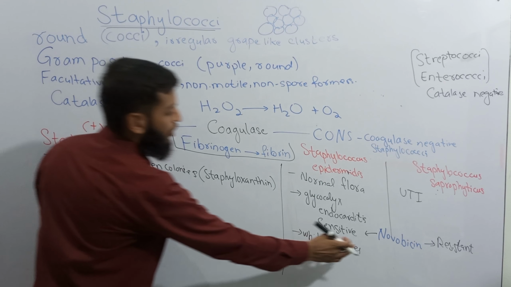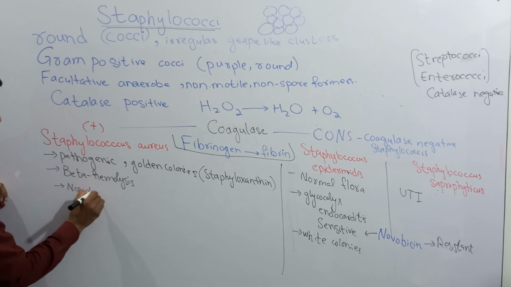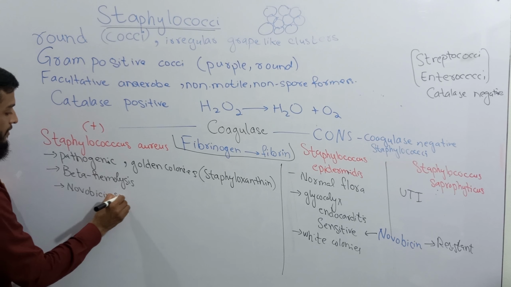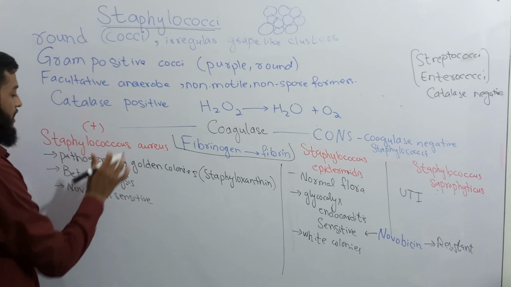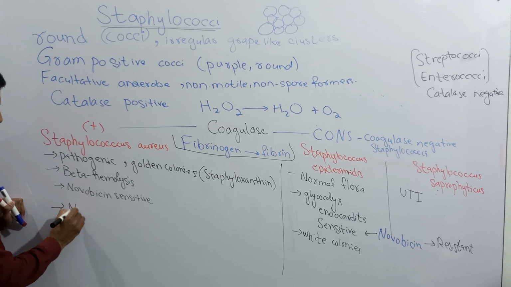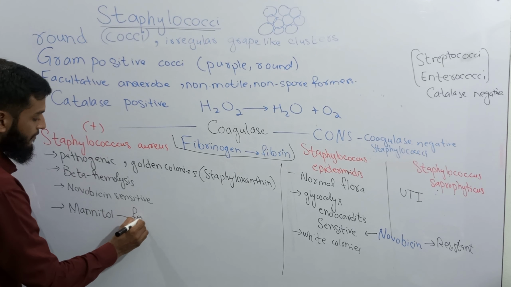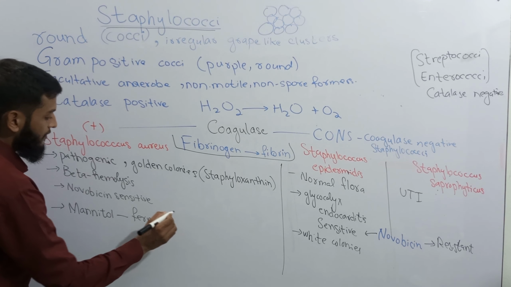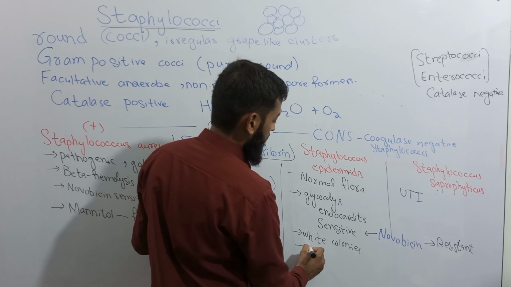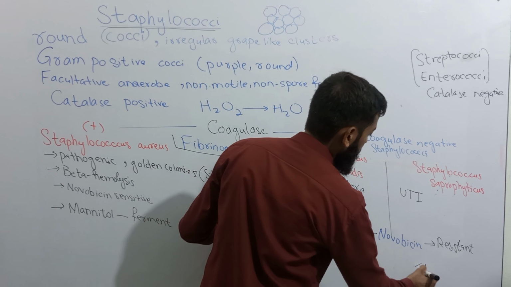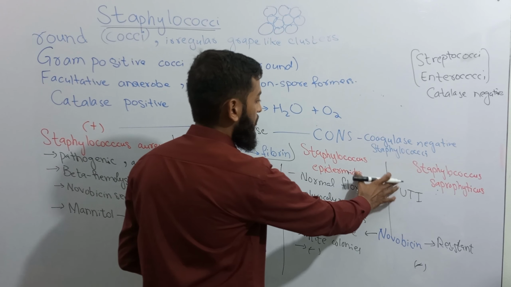Staph aureus is also novobiocin sensitive. Also, Staph aureus can ferment mannitol, whereas Staph epidermidis and Staph saprophyticus cannot ferment mannitol, so they are non-fermenters of mannitol.